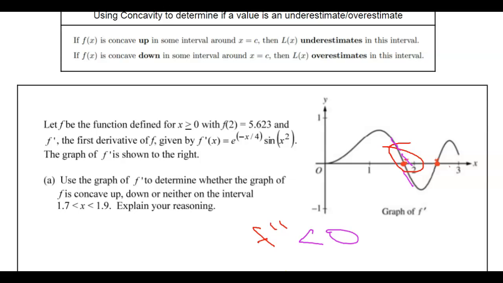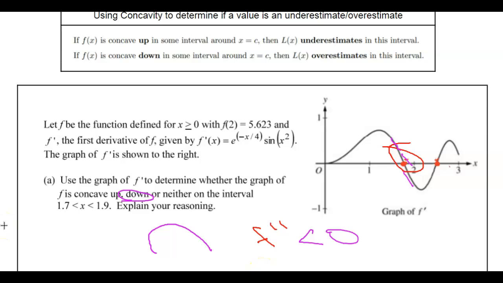Okay, so that means since our second derivative is negative, that means that we are concave down on the original. Concavity refers to the original graph, okay? Does that make sense? So that's what I would say.